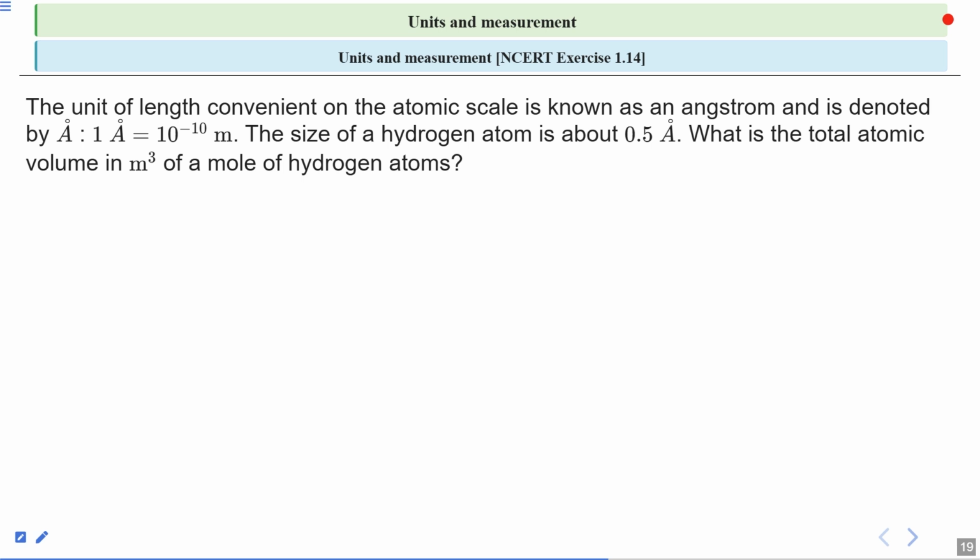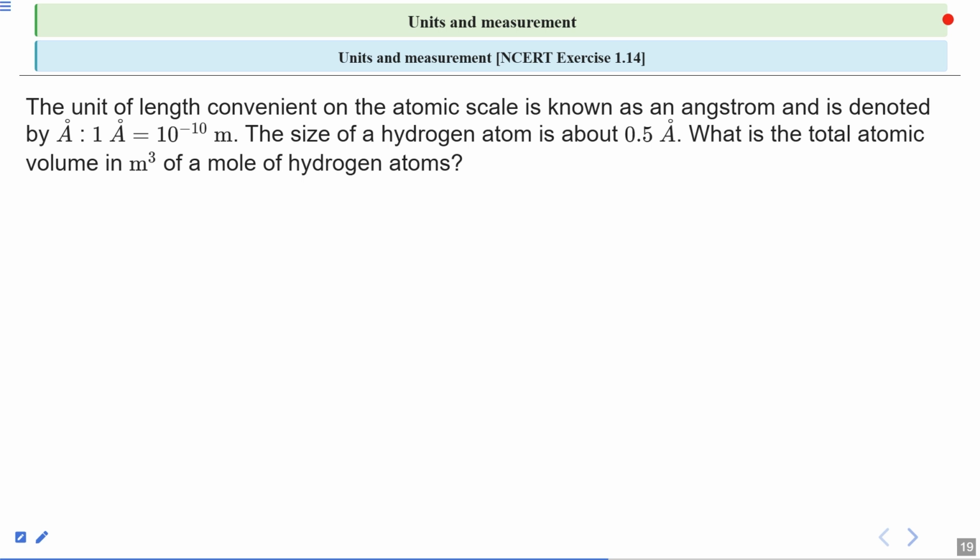They haven't mentioned whether it is a radius or diameter. Usually, the size of an atom or molecule talks about the radius, so this is actually the radius of a hydrogen atom. What is the total atomic volume of a mole of hydrogen atoms?